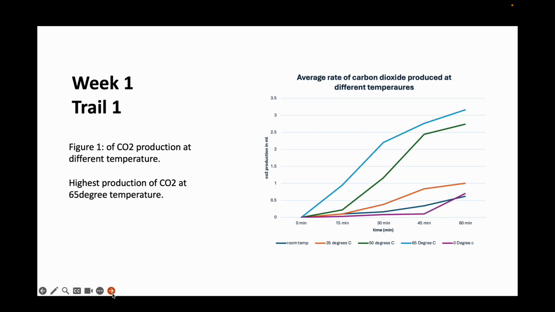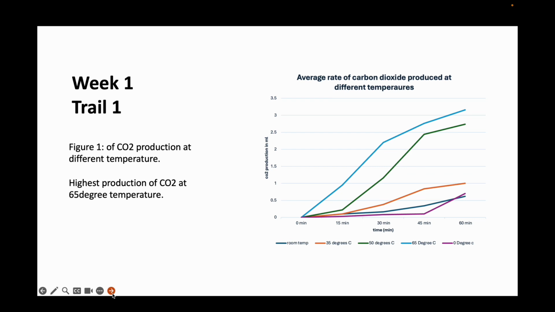Here we take the 5 test tubes at different temperatures to observe the production of CO2 at the different temperatures. We conduct the readings after every 15 minutes for 1 hour, in which we observed that the highest production of CO2 was observed at the 65-degree temperature, followed by the 50-degree temperature, and further by the 35-degree temperature.